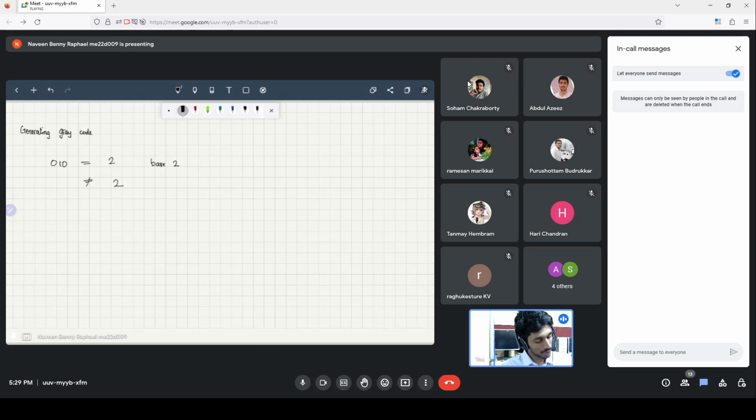I will write down the gray code for 3 bits. For 3 bits, we have 0, 1, 2, 3, 4, 5, 6, 7. 0 is mapped to 0 0 0. 1 is mapped to 0 0 1. 2 is mapped to 0 1 1. 3 to 0 1 0. So surprisingly, 0 1 0 in gray code is actually 3.